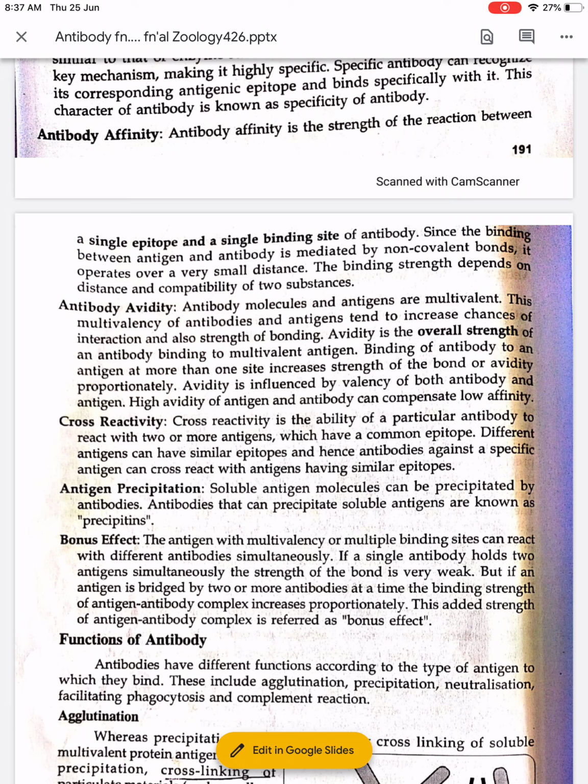At the same time the antigen will be bound by another antibody also. If an antigen is bridged between two or more antibodies, the strength of binding will be increased, and that increase of strength I can call the bonus effect.